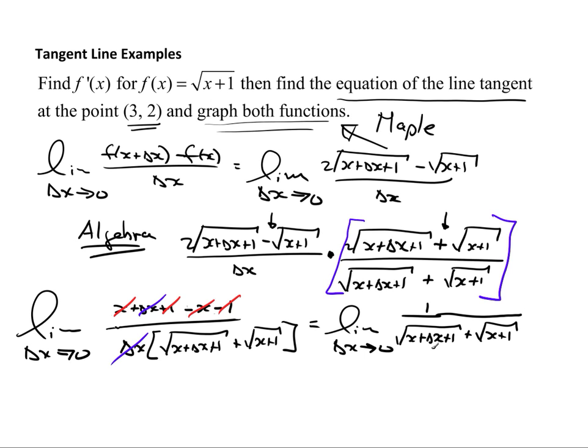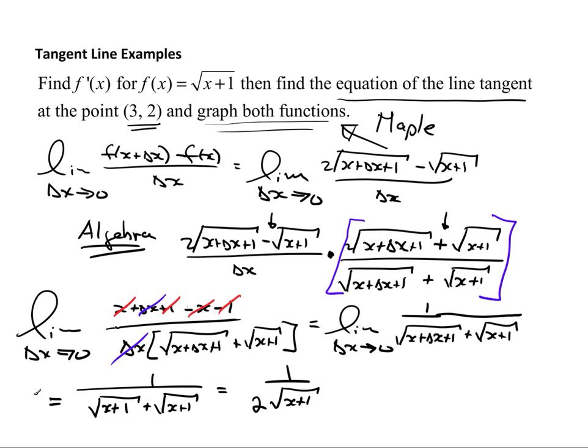Now if delta x goes to 0, let me write that one more time. If I take this limit, delta x goes to 0, so what I get is 1 over the square root of x plus 1 plus the square root of x plus 1, which is obviously 1 over 2 times the square root of x plus 1.